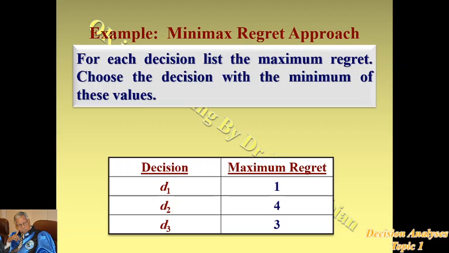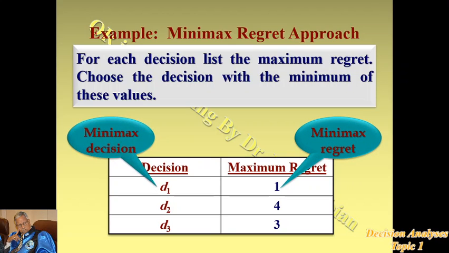Our criteria is to minimize the maximum regret. We have to minimize it by selecting the regret 1 or 4 or 3, which is 1. So decision alternative number 1 will be selected.